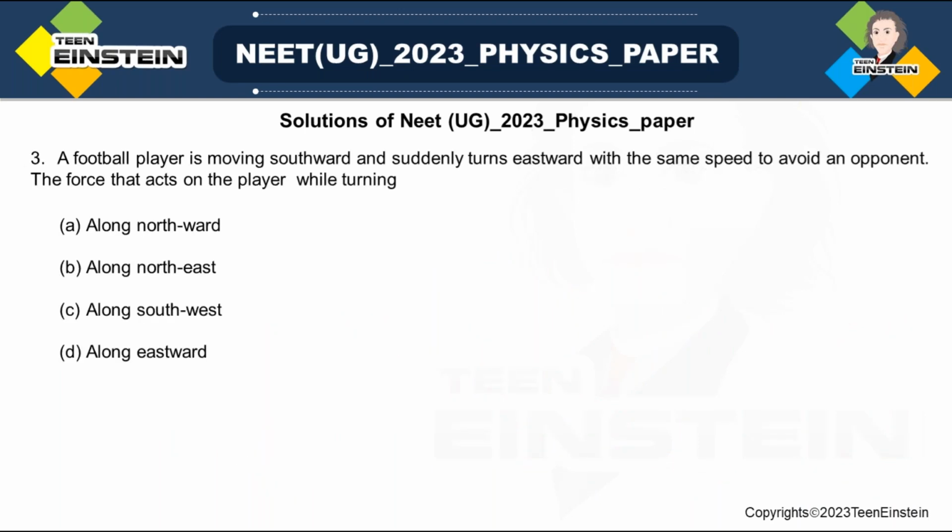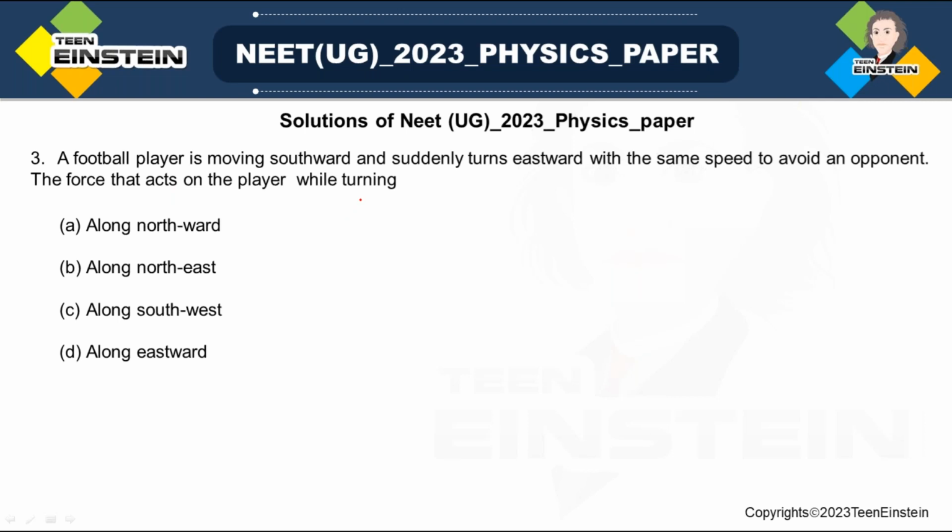This is a nice problem. See, here in this problem, it is said that a football player is moving southward, suddenly turns eastward with the same speed to avoid an opponent. The force that acts on the player while turning.